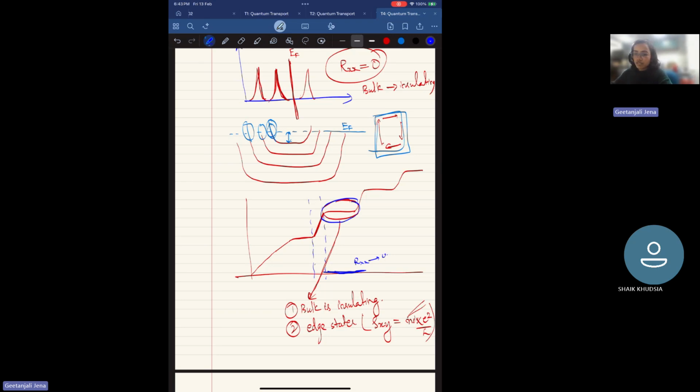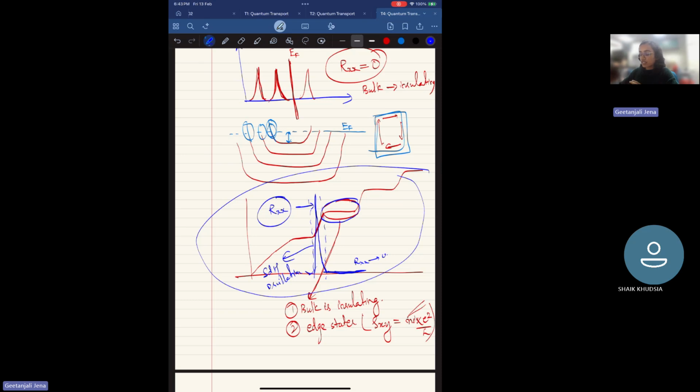Because in this case the bulk becomes conducting, we'll see a rise in the longitudinal resistivity. That is the resistivity along the direction of current. So this is also the SdH oscillation. So this is how we can understand this graph.